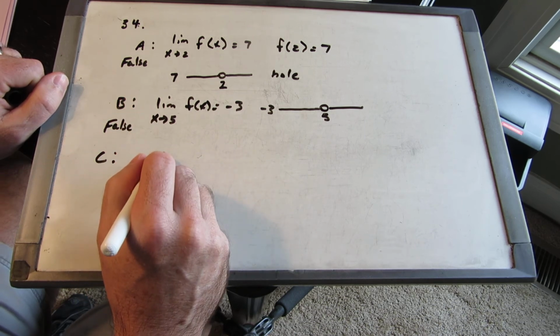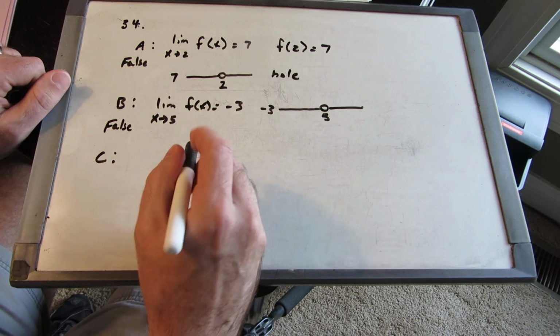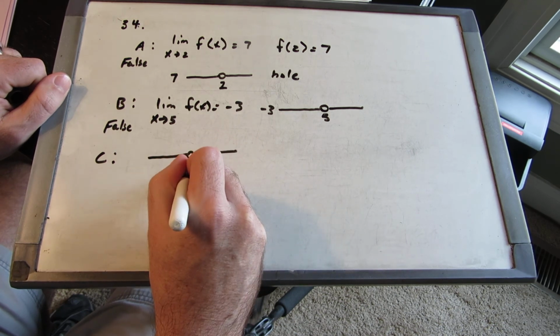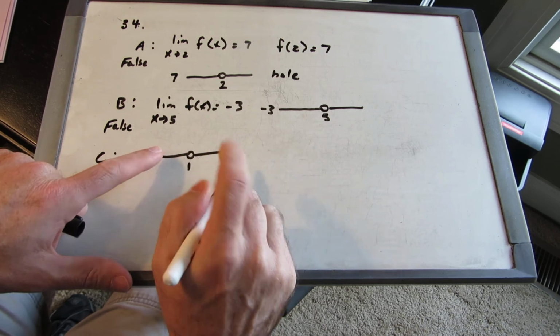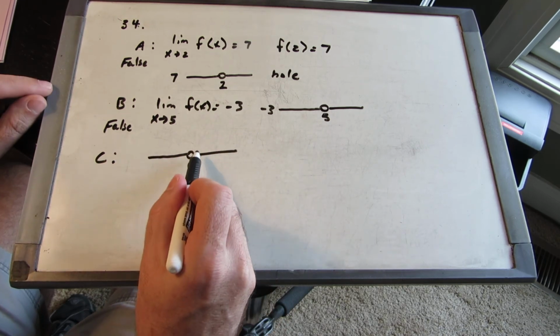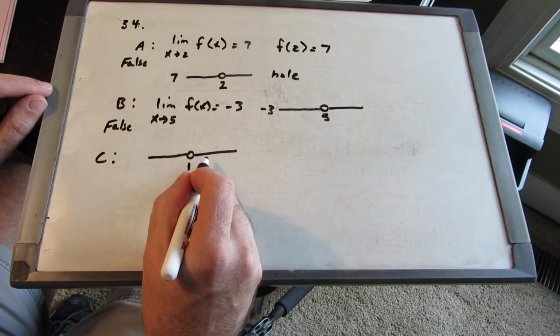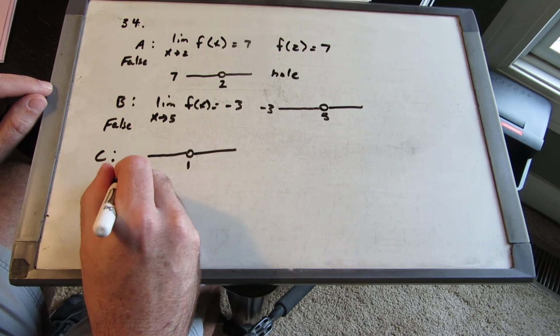Part C says if the limit as x approaches 1 from the left is equal to the limit from the right, then f of 1 exists. Well, what if we have a hole at x equals 1? If you bring your fingers together, the limit from both sides is going to be equal, but that doesn't mean that f of 1 exists if there's a hole, so that one is false.